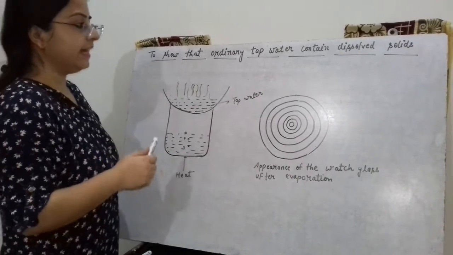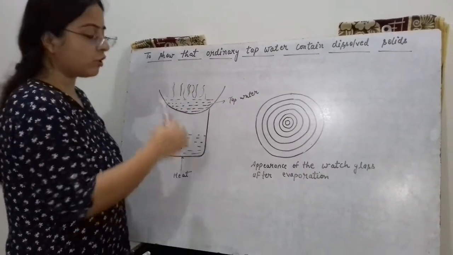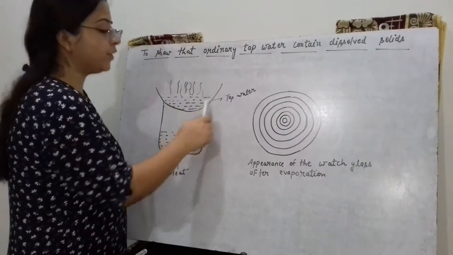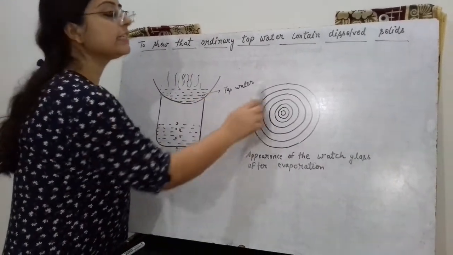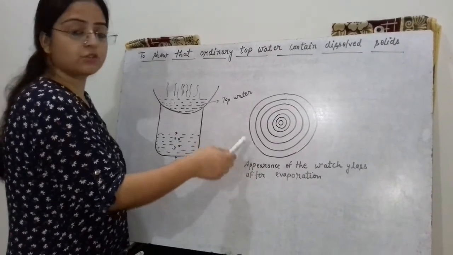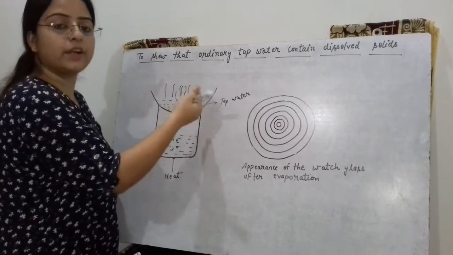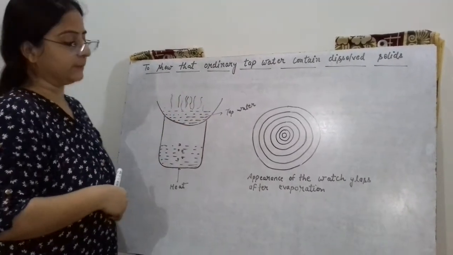So it means that the tap water contained dissolved solids, because when all the tap water was evaporated from this watch glass, the concentric rings were formed, and these rings were of the dissolved solids obtained when all the water evaporated.